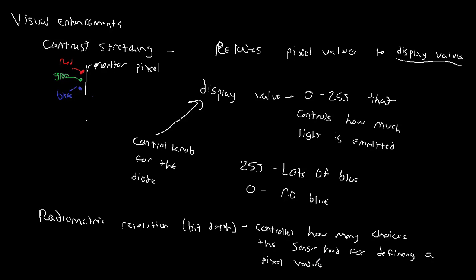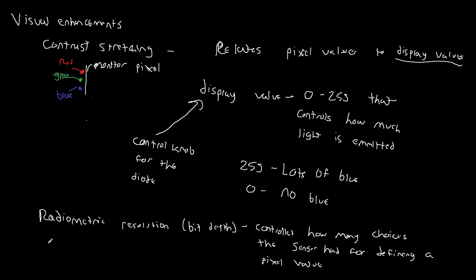We went through all of those examples where you have radiation coming off the surface, hitting the sensor, and the sensor has to make a decision of what it's going to assign that pixel value to based on how much radiation it received. If you have a really high radiometric resolution, you have a lot of different options, so you can have fine scale delineation between the different amounts of radiation. If you have a low radiometric resolution, you didn't have a lot of choices. And we said that you could have anywhere between 11 and 16-bit imagery.